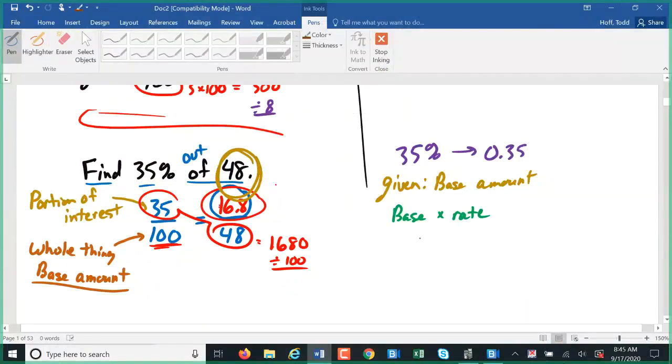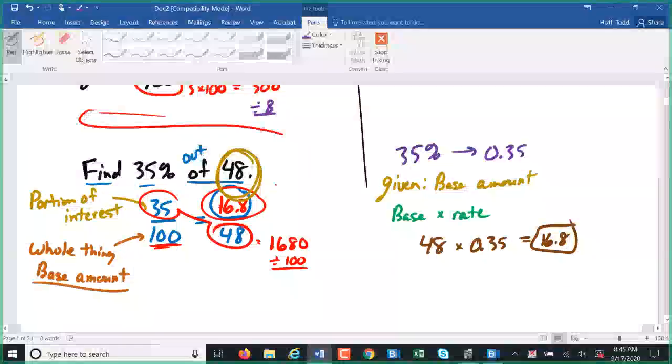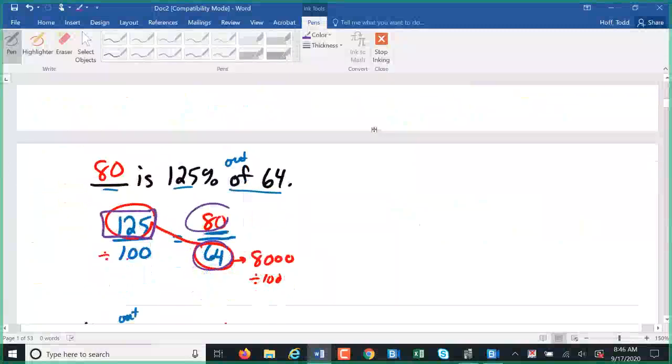So that base amount of 48 times the rate of 0.35. And that does give us 16.8. Now that seems really quick and simple, and it kind of is. Let's look at some more examples.